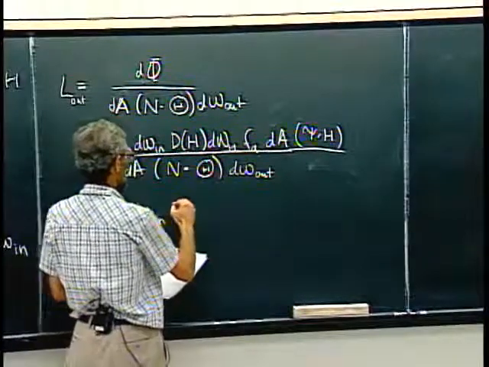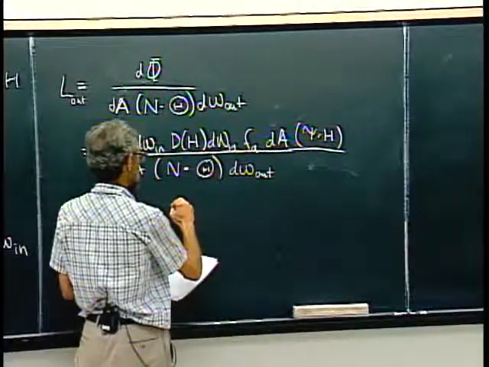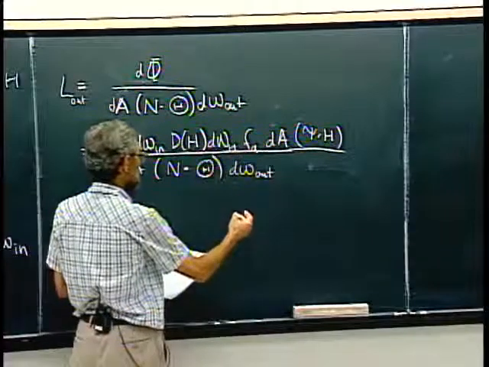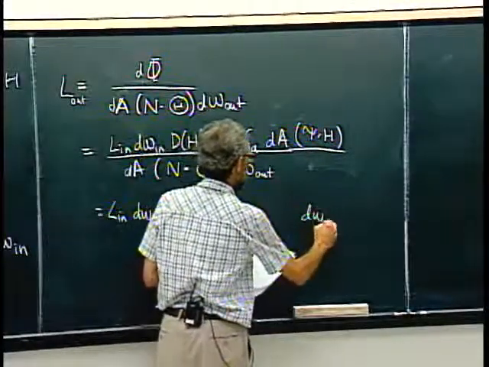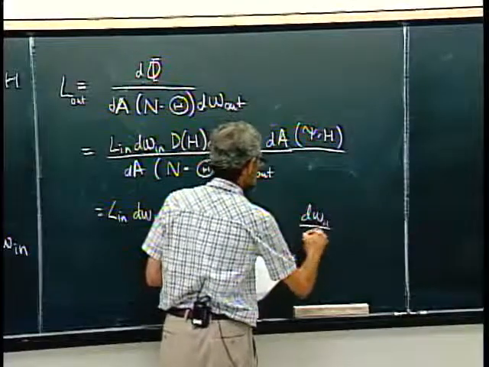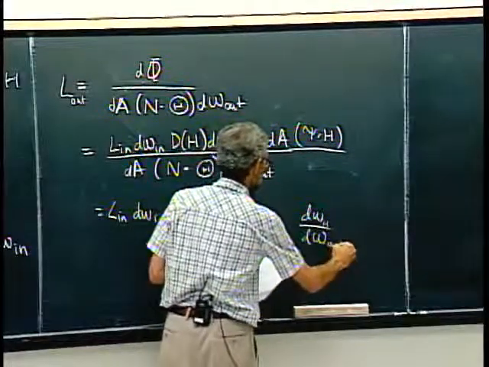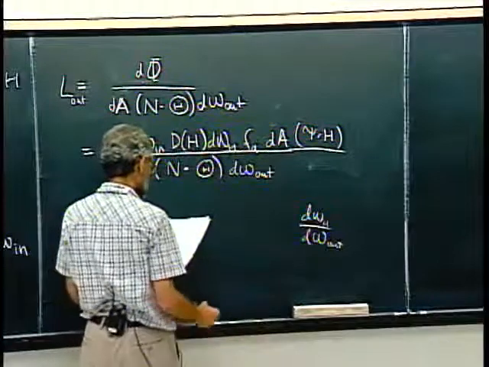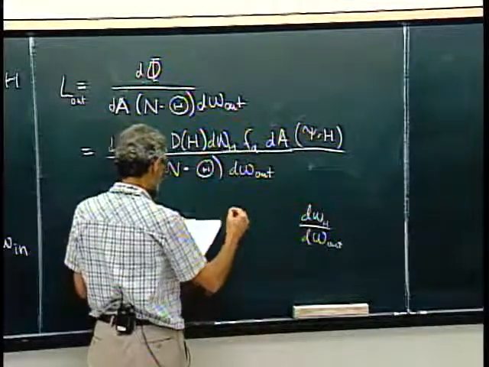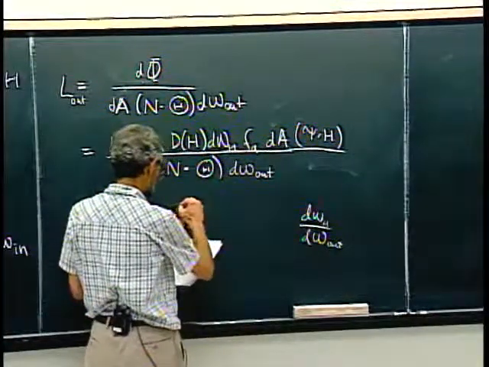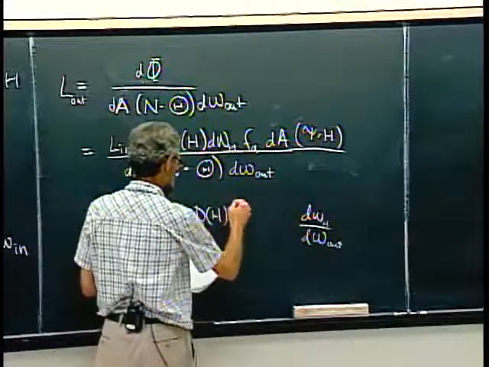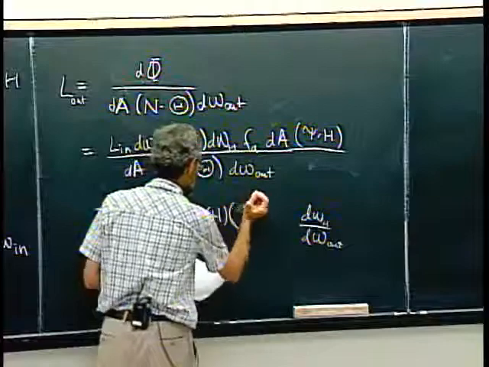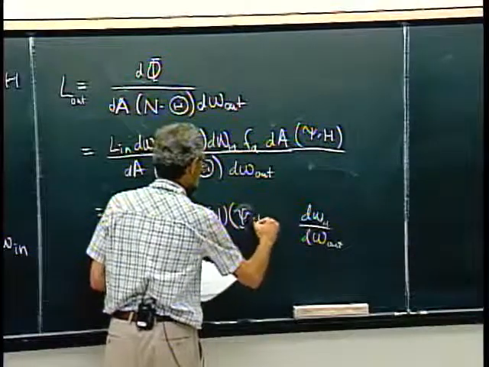I'm going to have a fraction that I'm going to compute next: d omega h over d omega out. And then what I have left is in the numerator F, D of h, psi dot h.